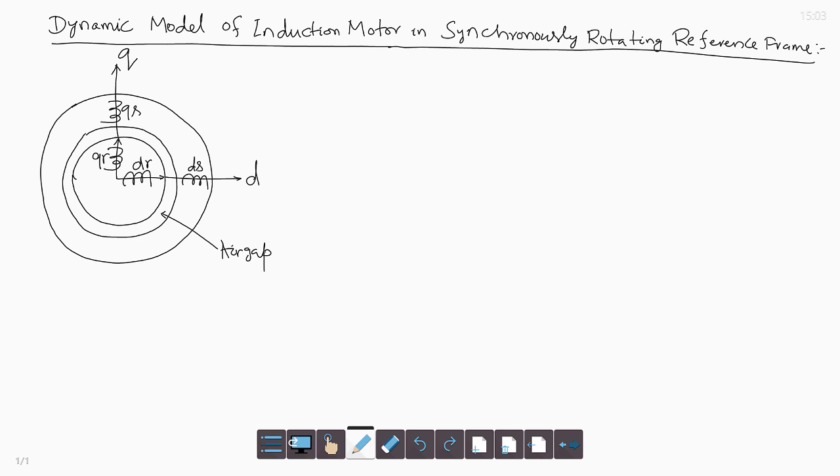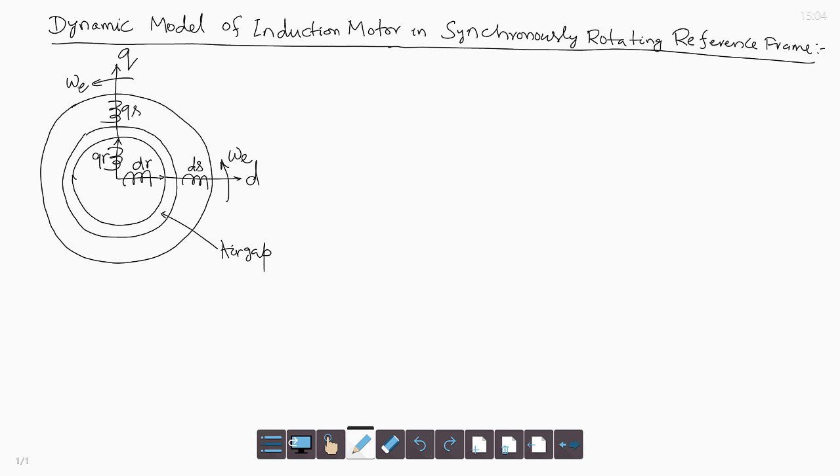So, let us consider this figure. We have the d axis and q axis, and the dq reference frame is rotating at synchronous speed omega e, hence its name, synchronously rotating reference frame or synchronous frame.